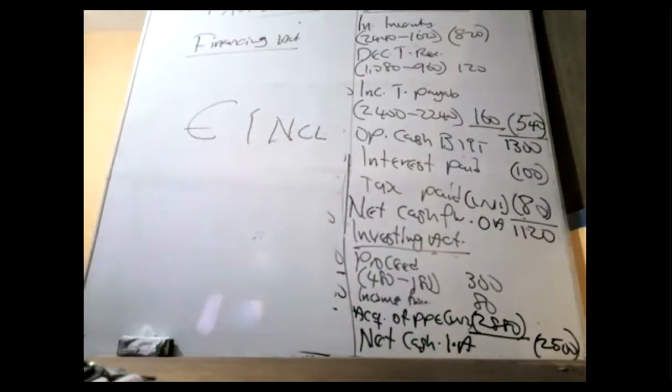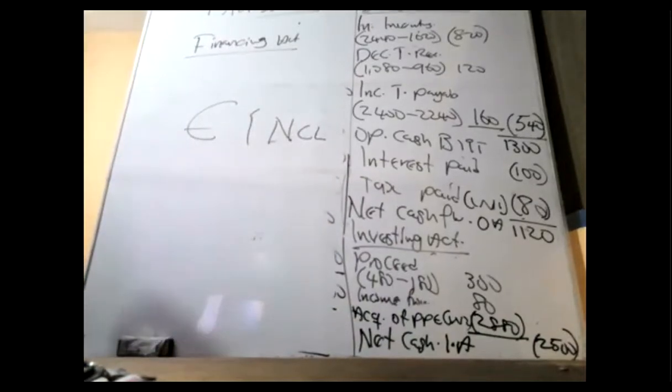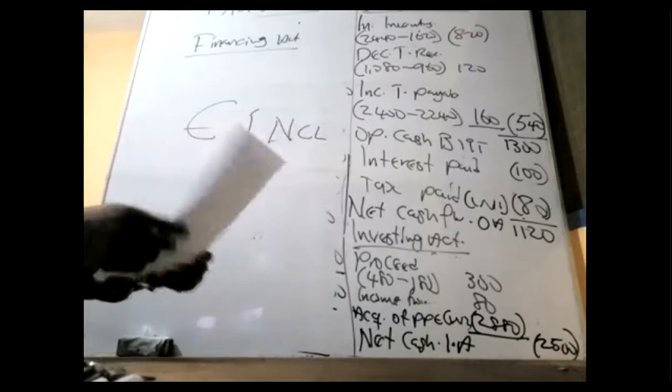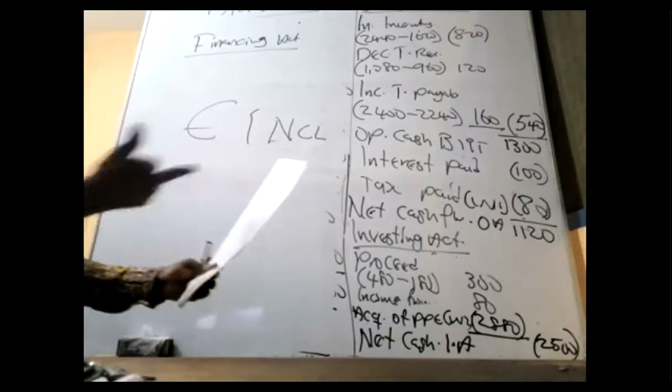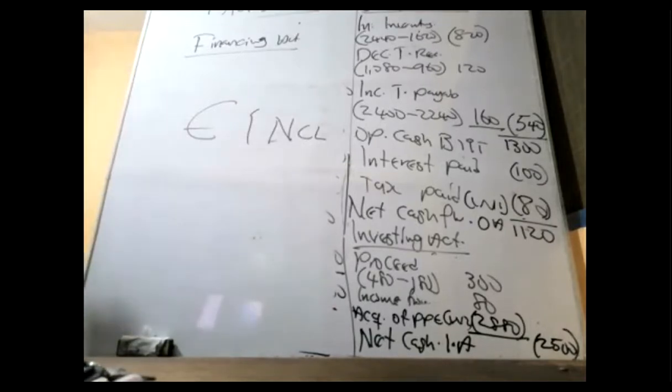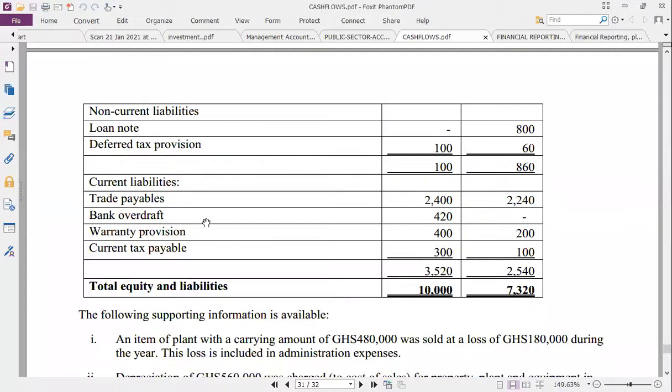If you're writing the exams on paper, don't worry. Hold the question paper like this and scan through the equity and non-current liability. Let's scan together. We've done it already, but let's do it again.